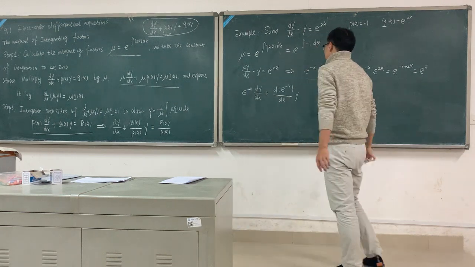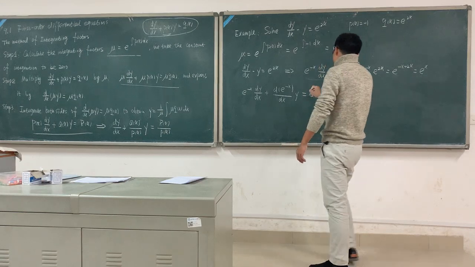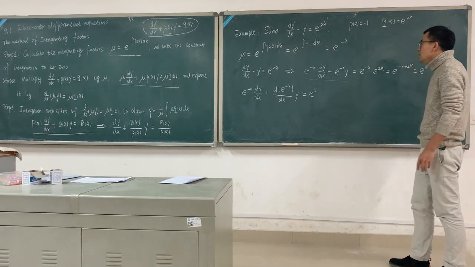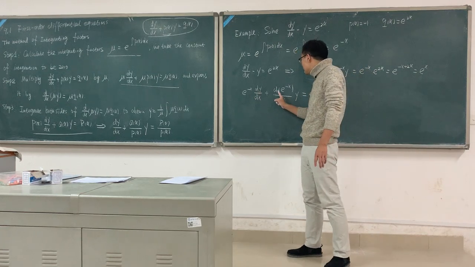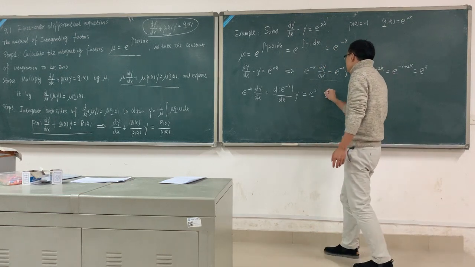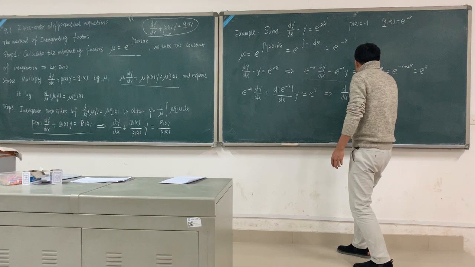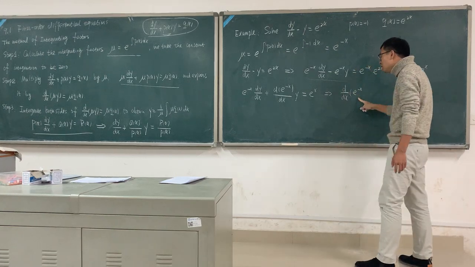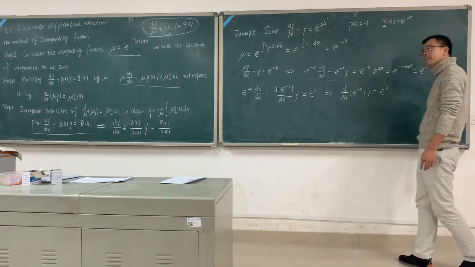This is equal to e to the x. So the left hand side actually is d/dx of e to the minus x times y, equal to e to the x.